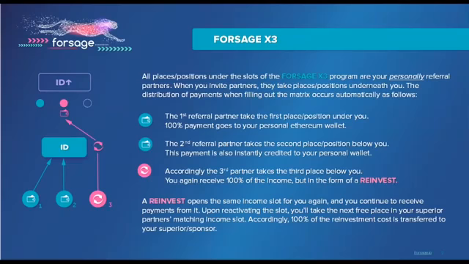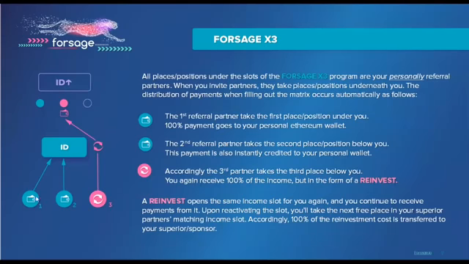Let's talk about Forsage X3 and how exactly it plays out in terms of the payments and the order of things. All places and positions under the slots of Forsage X3 are your personally referred partners. When you invite partners, they take positions underneath you. The distribution of the payments when filling out the matrix occurs automatically as follows.